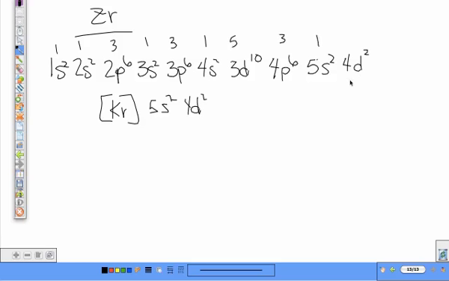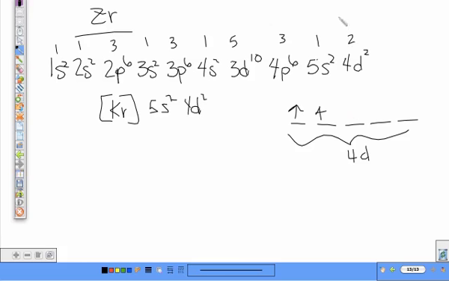But now let's check this last one, the 4d2. Holy cow, that's a big eraser. But that works pretty good. So we just have 2 electrons, so it would look like this. So are all of them full or have at least 1 electron? No, only 2 of them do, right?